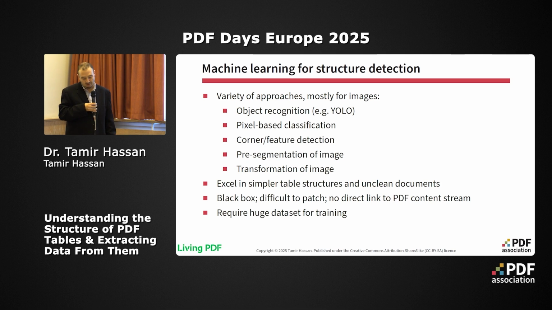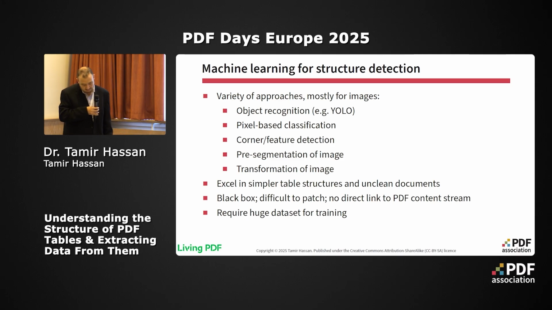And the other problem with using machine learning is that ultimately it's difficult to patch a system that uses machine learning. You can retrain it, or you can try maybe correcting misclassifications in a later step using rules again. And they also require a huge data set.